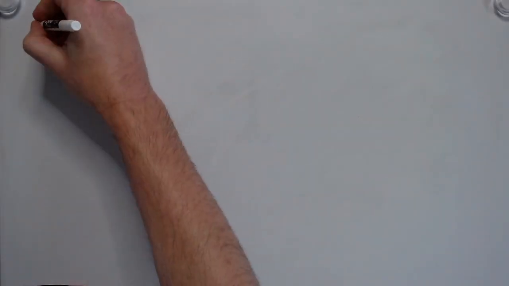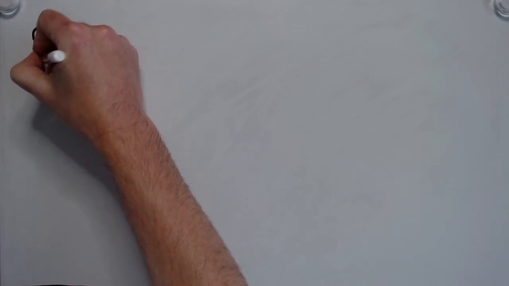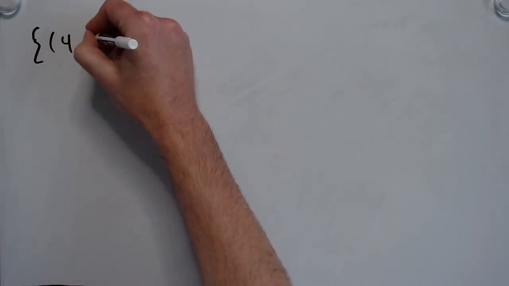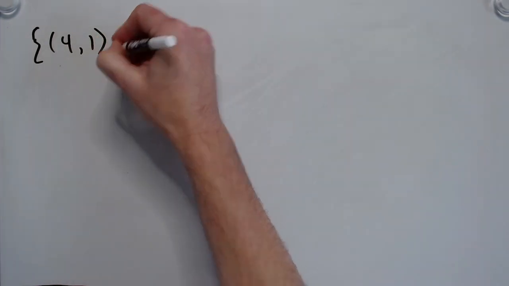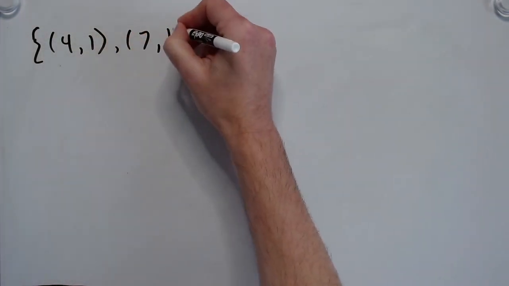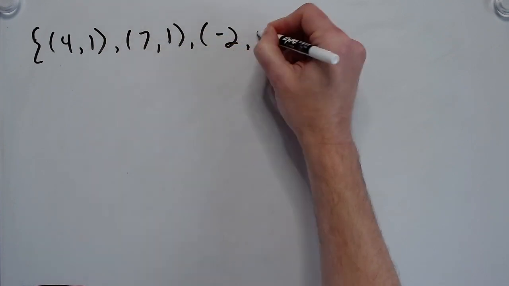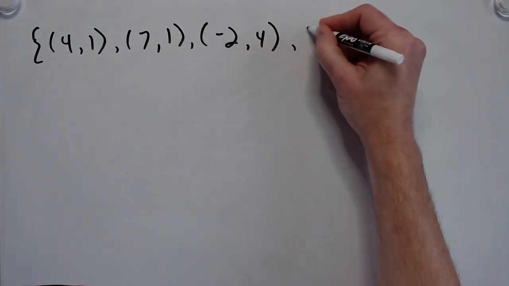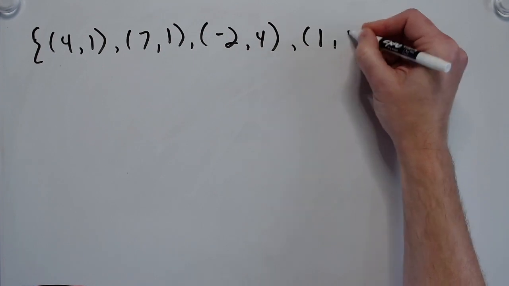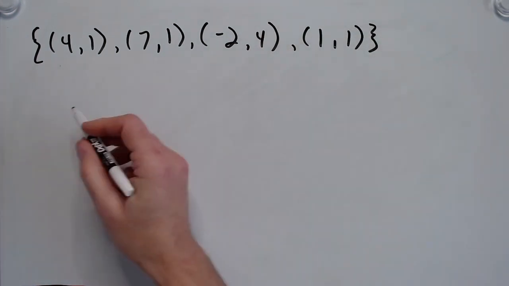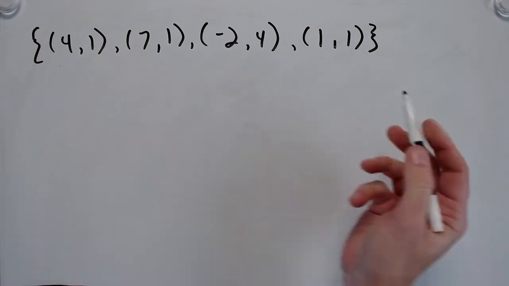Okay, we're going to go up here and create a relation with some terrible squiggly brackets. 4, 1 is an ordered pair. 7, 1, followed by -2, 4, and 1, 1, and a squiggly bracket. So the question is, what is the domain and range of this relation?